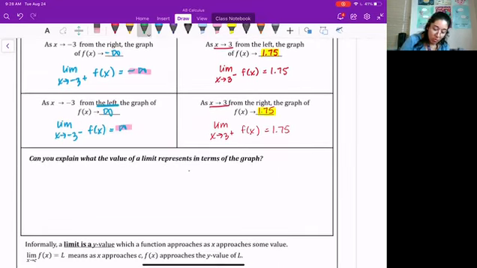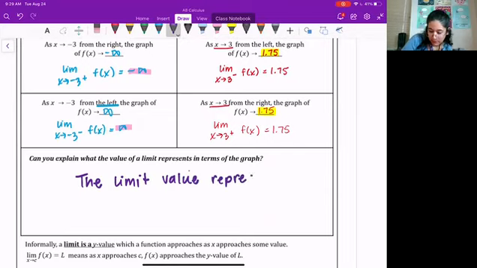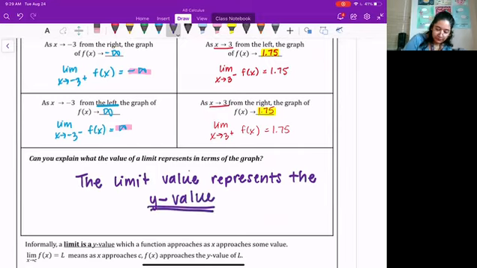Okay, so what the limit value represents, this is so important, is the y value that the function approaches.